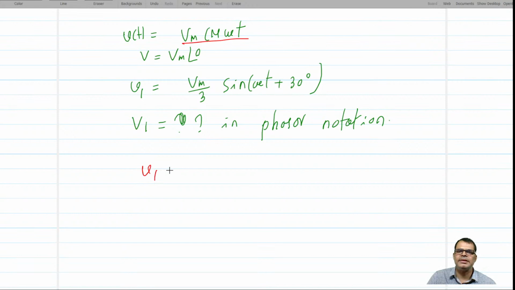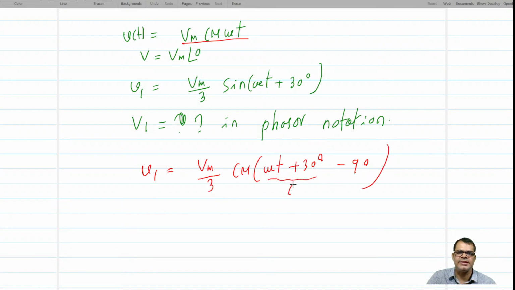V1 can be written as Vm upon 3 cos(omega t plus 30 degree minus 90), because if I consider the whole as theta, we know that cos of theta minus 90 or cos of 90 minus theta is the same, because cos of that is sin theta, right?